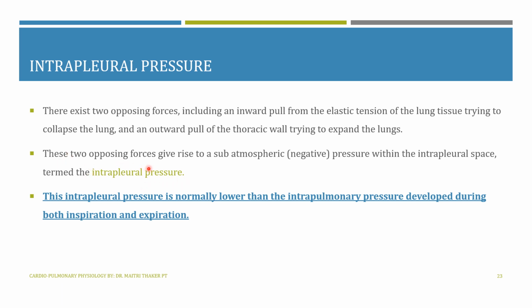These forces give rise to a subatmospheric or negative pressure within the intrapleural space. This intrapleural pressure is normally lower than the intrapulmonary pressure developed during both inspiration and expiration. This is important: intrapleural pressure is always lower than the intrapulmonary pressure. Just remember that.